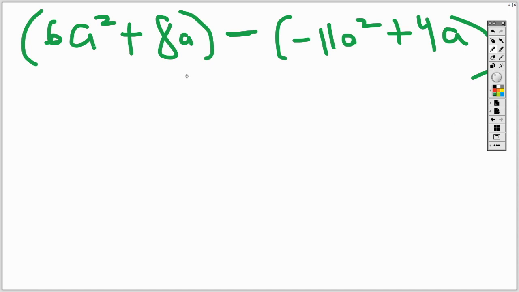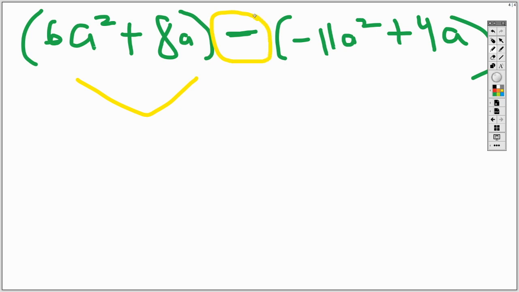Now let's go on to subtracting polynomials. It's very similar to adding, but there's just one little step which you have to do. This first expression, we're going to keep the same way it is.